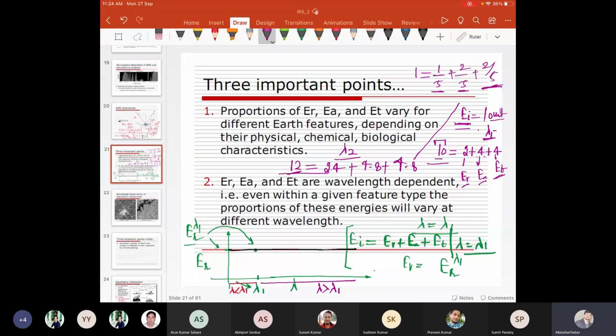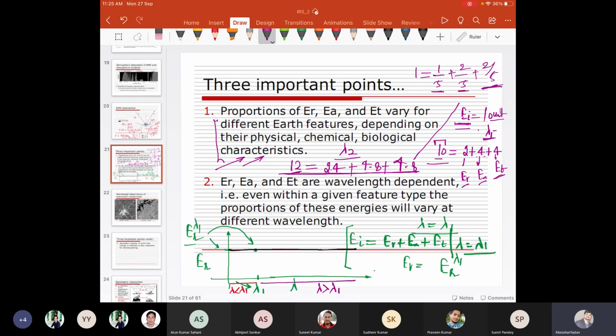See, this will be the case only when at lambda 1 and lambda 2 the material behaves the same. But what happens due to different physical, chemical, and biological characteristics? These characteristics are dependent on the wavelength, because of the way they respond to the incident energy to divide it into 3 different components.